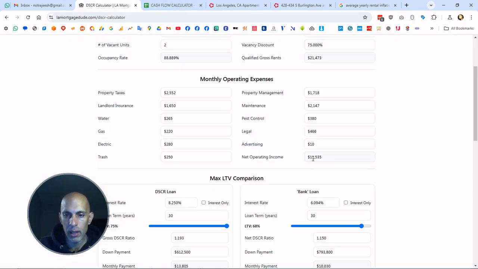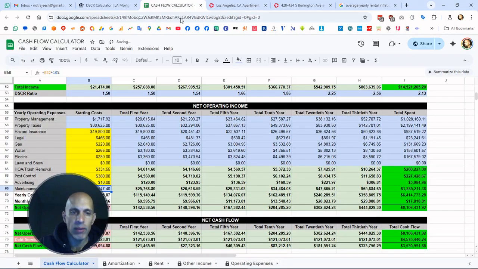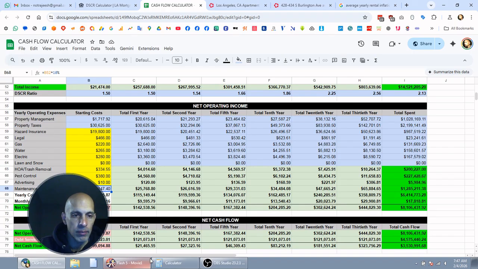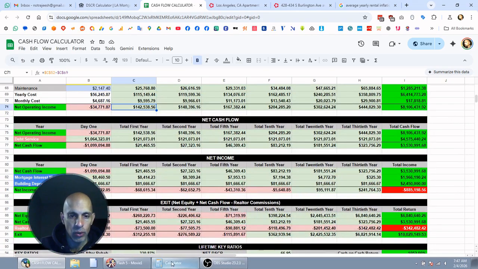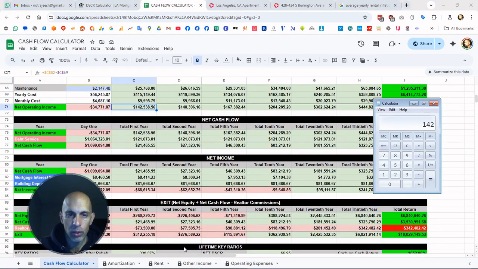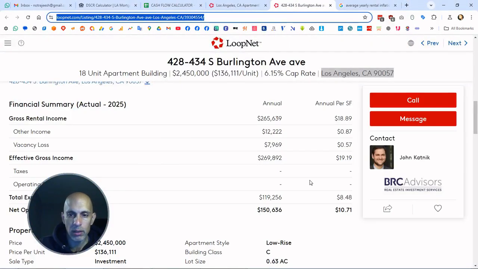So our net operating income is $11,535 per month. If we were to do this, let's see here, 142,538.56 divided by 12, we're at 11,878 per month. So we need to come down just a little bit.